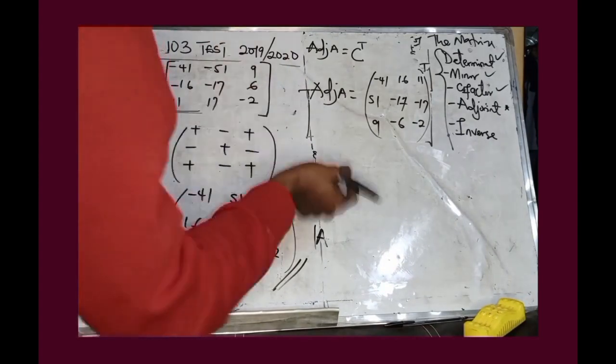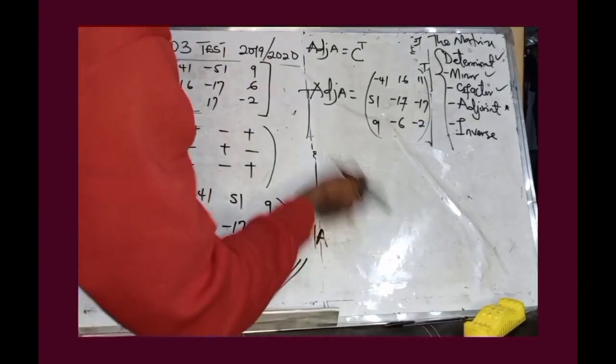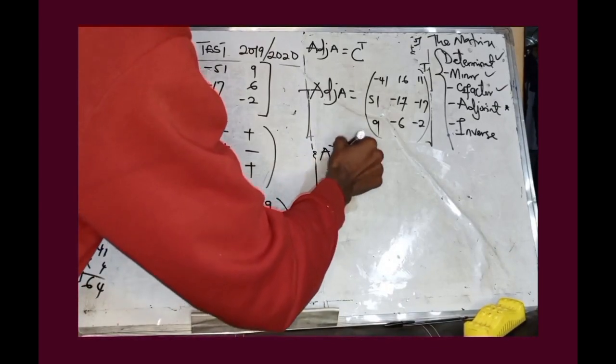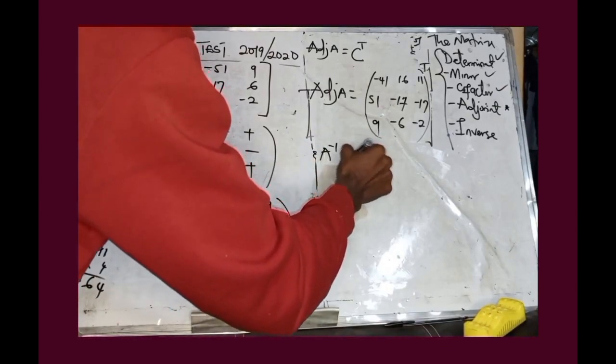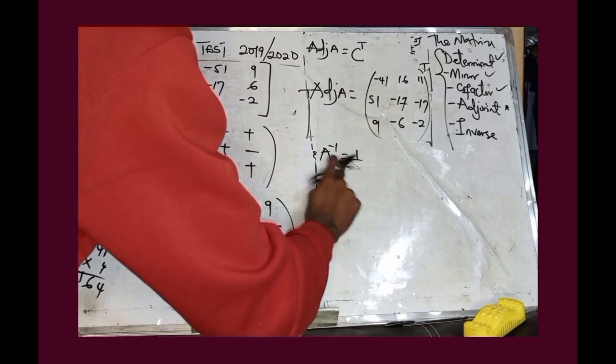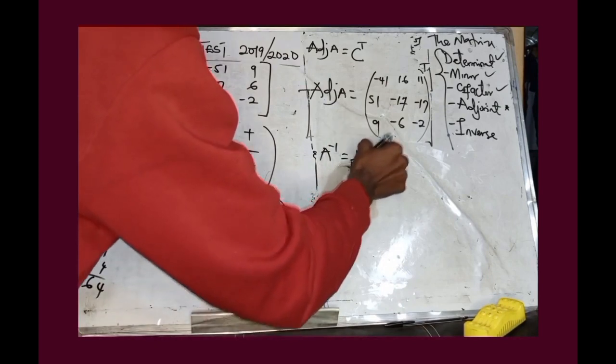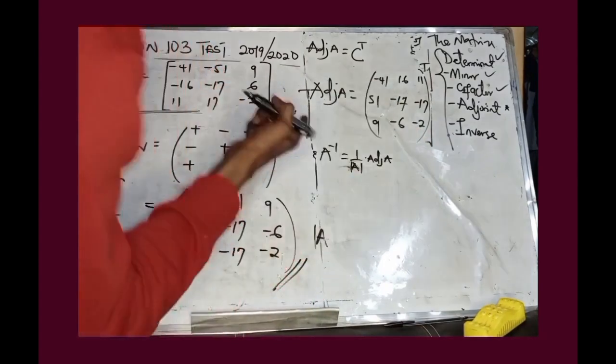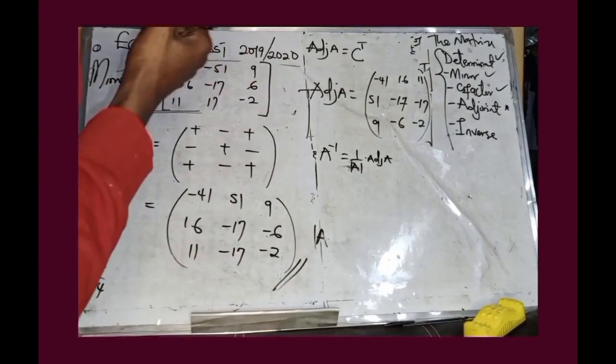Now remember I told you the formula for calculating the inverse of a matrix: the inverse of matrix A is given as 1 over the determinant of A times the adjoint of A, and the adjoint happens to be the transpose of the cofactor.